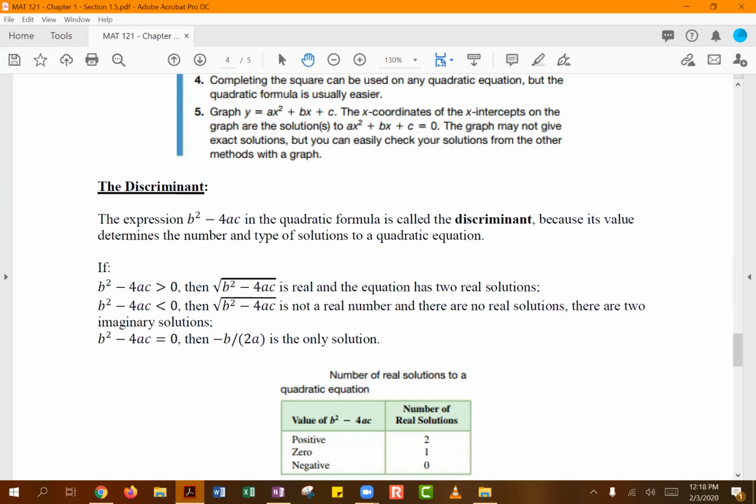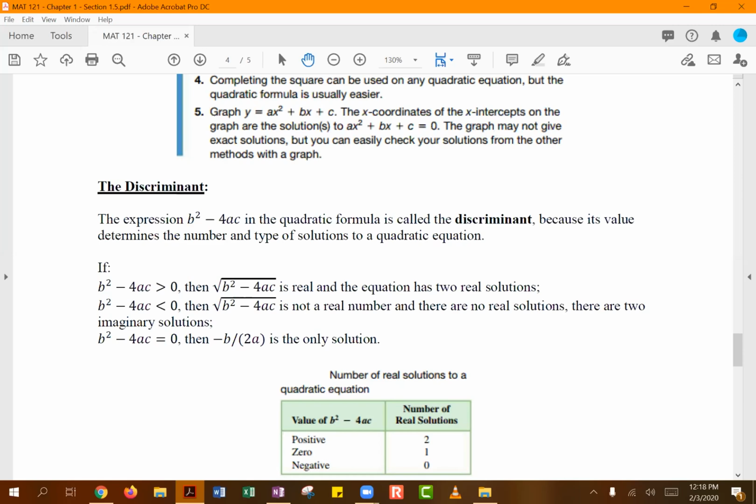Now, you can see how we came up with different answers. One of them had only one answer, right? That was the one we ended up with 3/4. We had imaginary solutions as some of our answers. And then when we did, what was it, example 6 and 7, we had real number answers in that. So how do we know, are we going to get 2 real numbers as our answer?